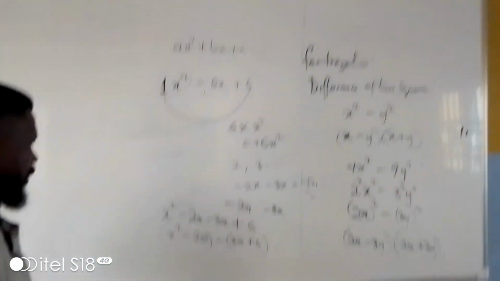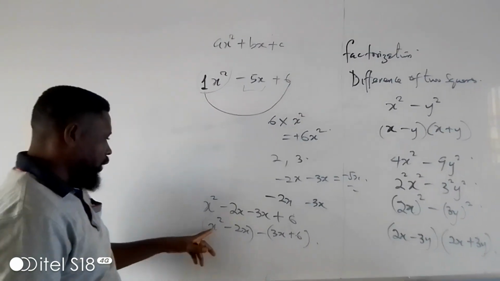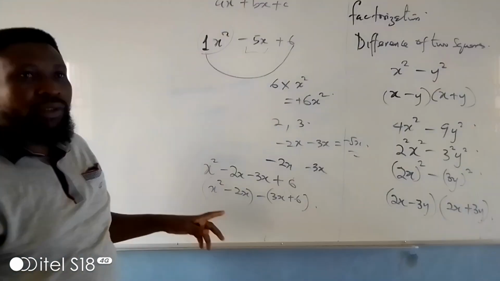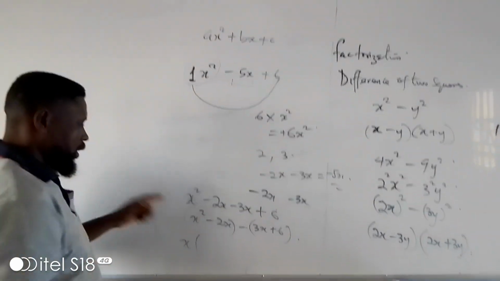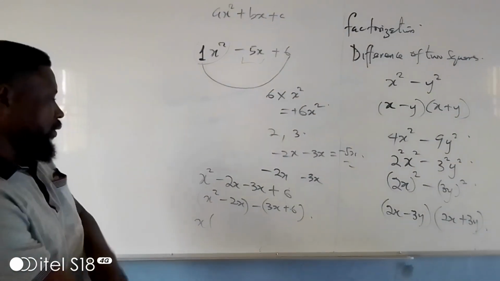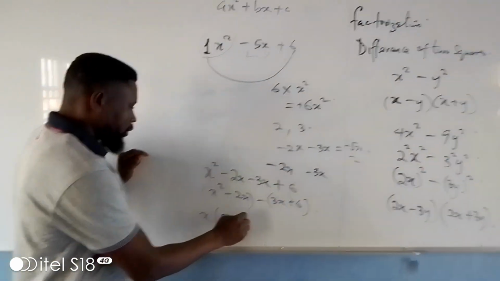Now, if you look at this bracket, you find out that something is common. And what is common? If you bring out x, you will be left with x minus 2.